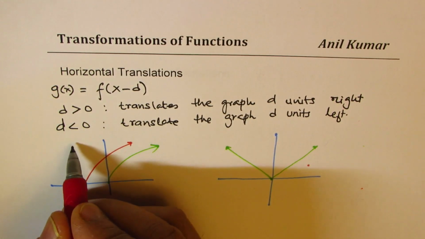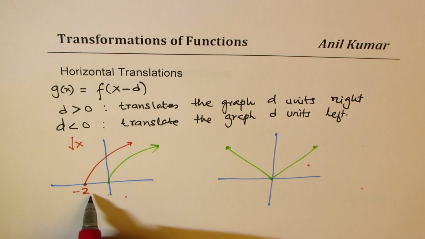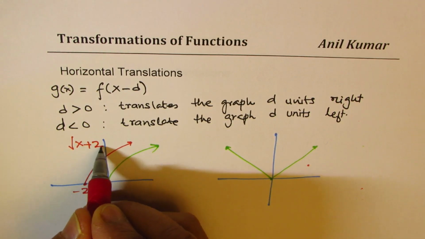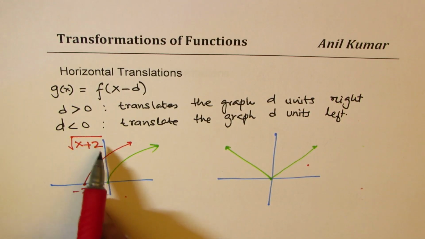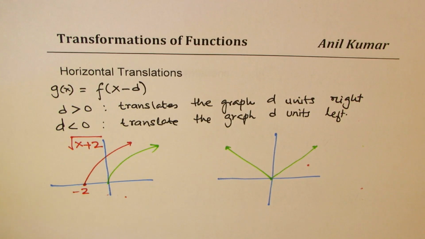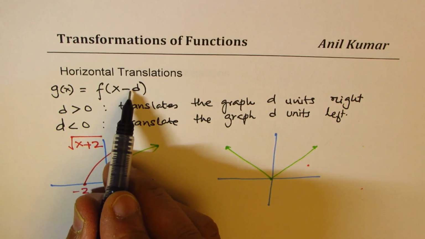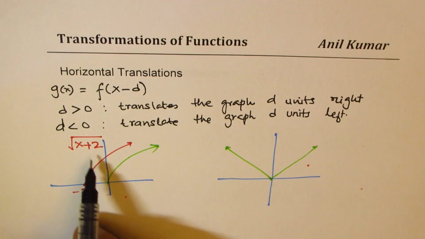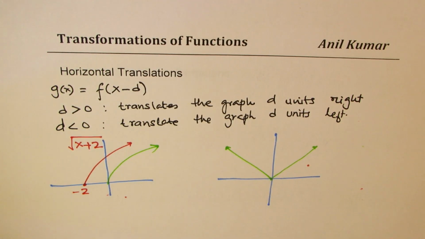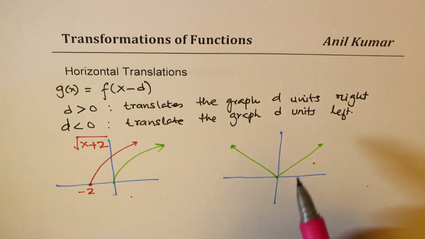It should be square root of x, we went to this side, square root of x plus 2. So if I write x equals minus 2, you get 0. Do you understand? That is what we're trying to say. So square root of x plus 2 means d is minus 2, less than 0, translates left. Do you understand? And in this case, let me do two transformations.